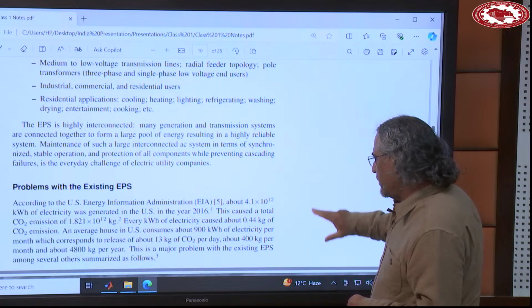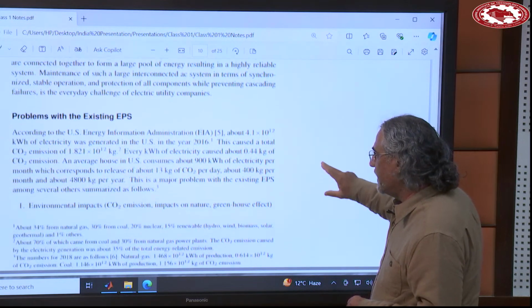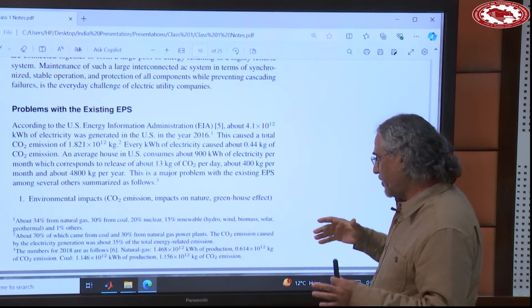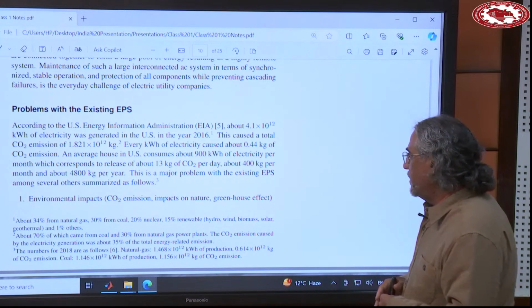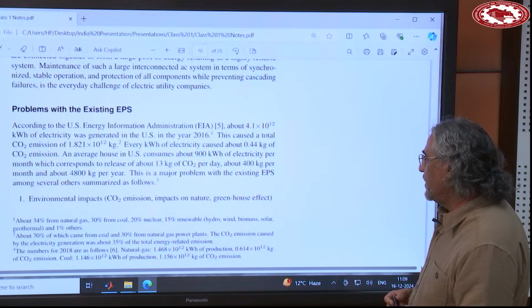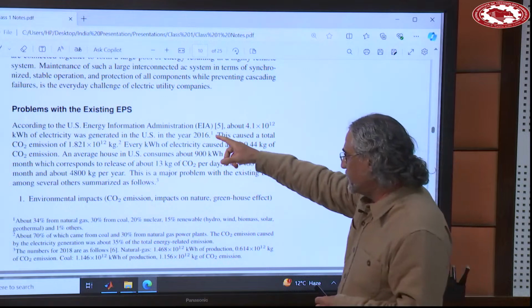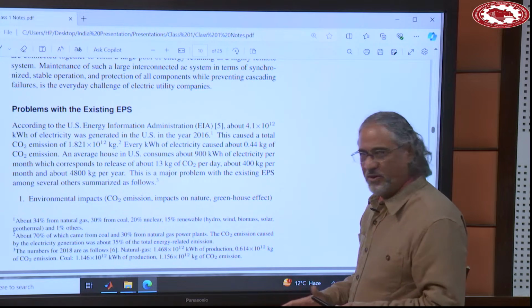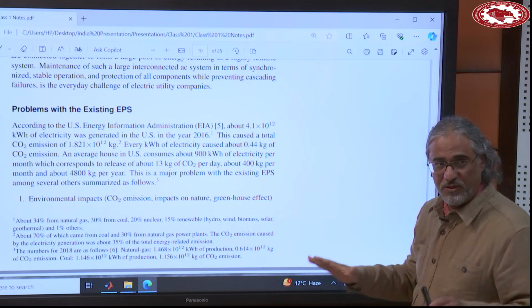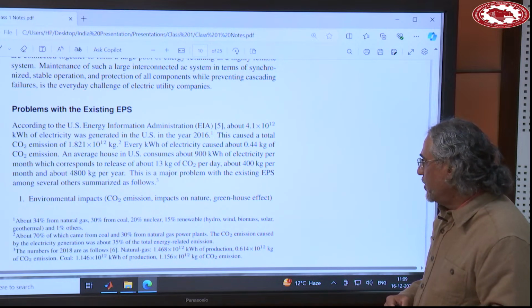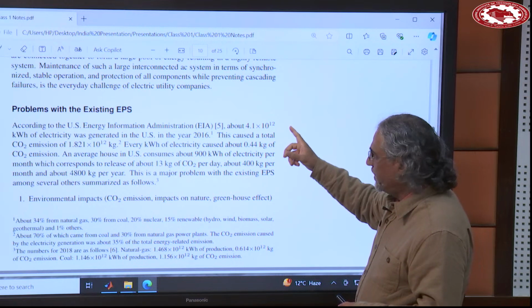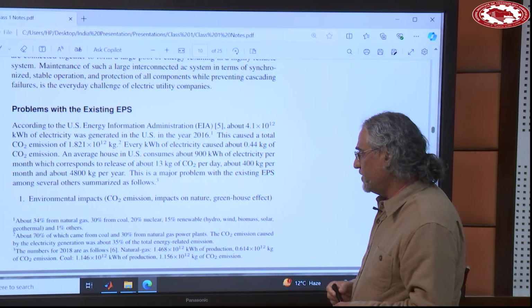Now, this is another challenge that we have that connects us even more to what we want to say. If you look at the information from the US Energy Information Administration, for instance, for 2016, that's the time I was writing this document, but later I updated it a little bit more. The data are there for even maybe 2024, the data is being updated all the time. So it says in 2016, 4.1 times 10 to the power of 12 kilowatt hours of electricity was generated in the US.